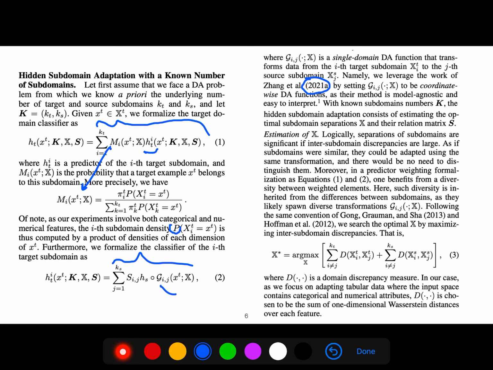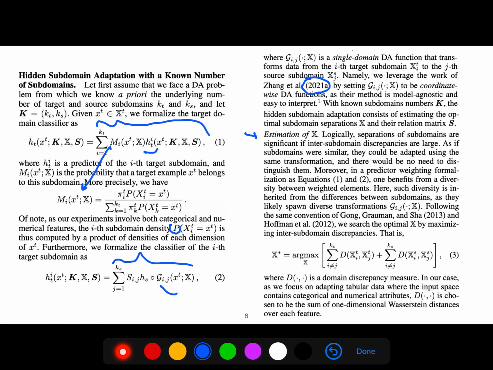With known subdomain number K, the hidden subdomain adaptation consists of estimating the optimal subdomain separation and a relation matrix. Now we have estimation of X. Logically, separations of subdomains are significant if inter-subdomain discrepancies are large.